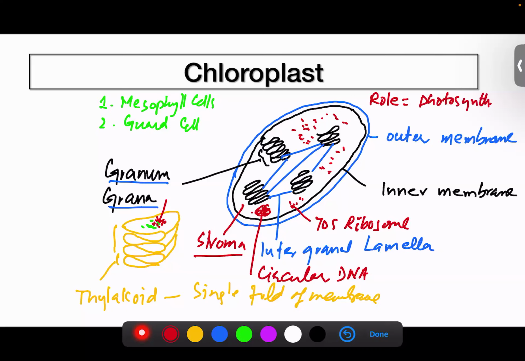We have a whole chapter on photosynthesis in A2, and we will discuss photosynthesis in detail in A2. And this is just enough for AS students. So that's all about double membrane bound cell organelles. In the next lesson, we will discuss the single membrane bound cell organelles one by one.